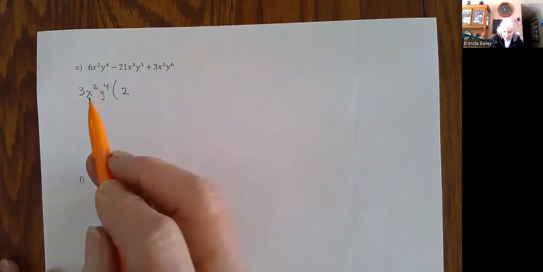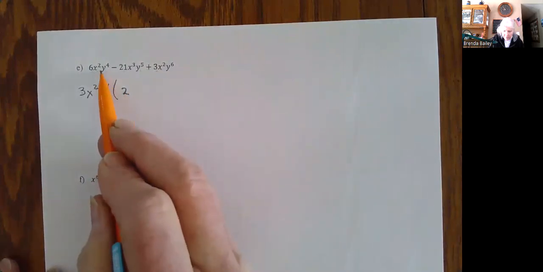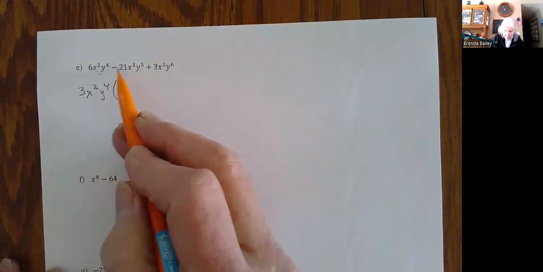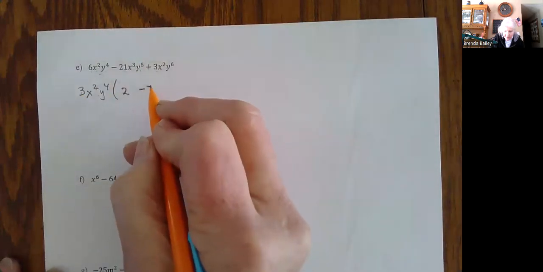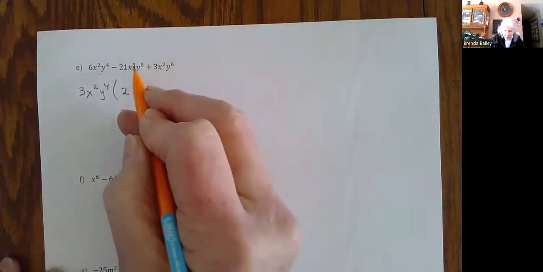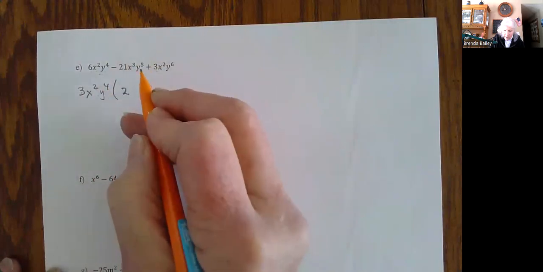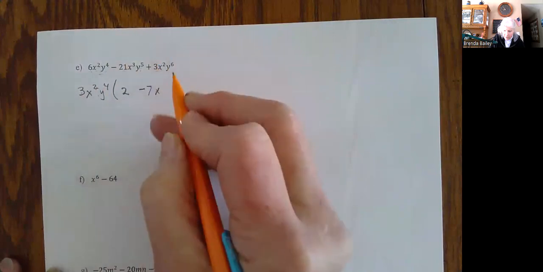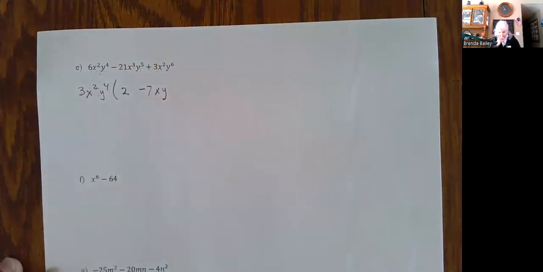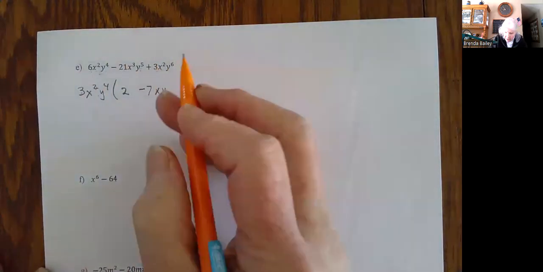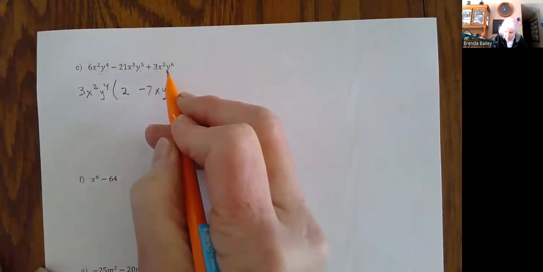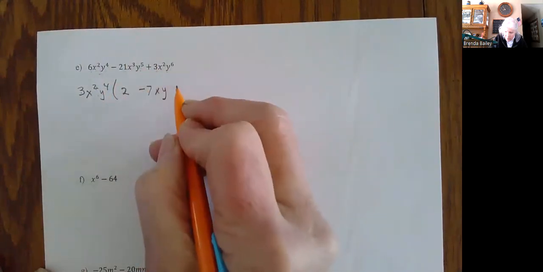So if you multiply this, you'll come back. Negative 21 divided by 3 is a negative 7. X cubed, x squared, subtract exponents, y to the 5th, y to the 4th, you get y. And then here, 3 divided by 3 is a plus 1.